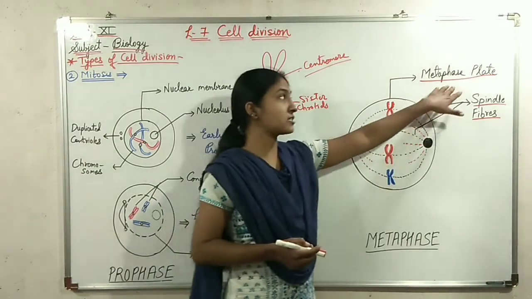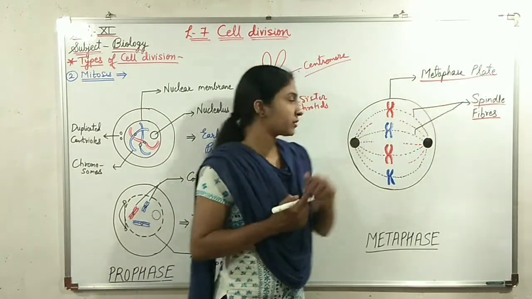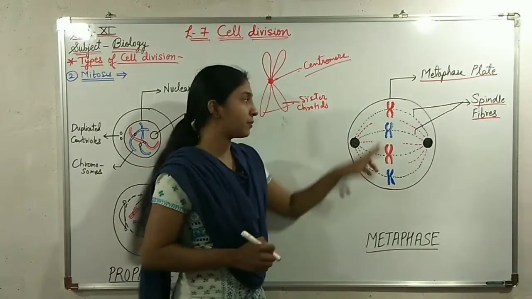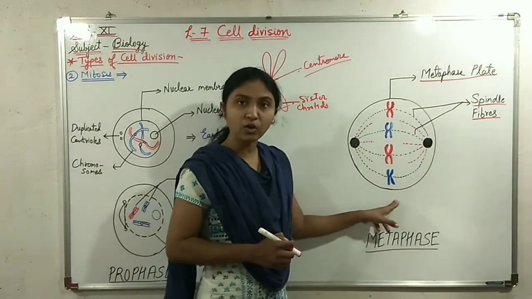This is called the metaphase plate. So the pushing and pulling action of the spindle fibers brings the chromosomes to the center of the cell.